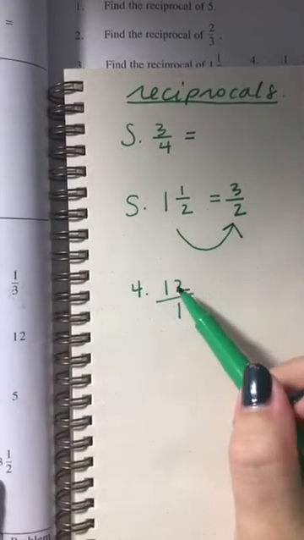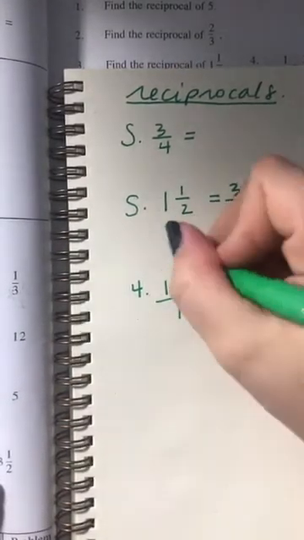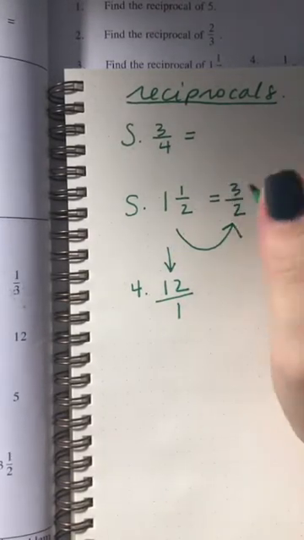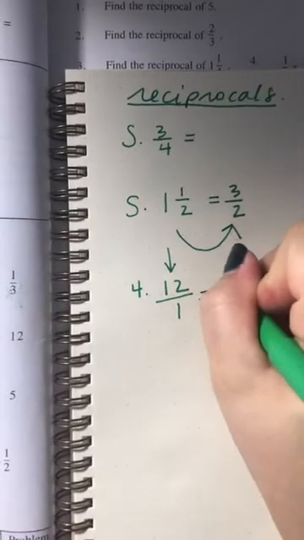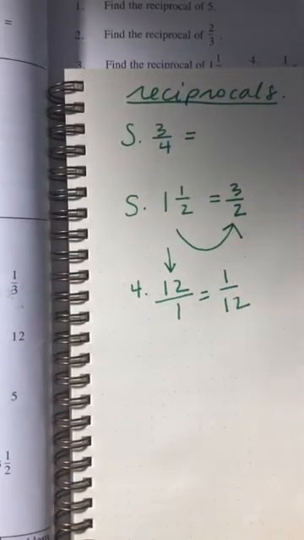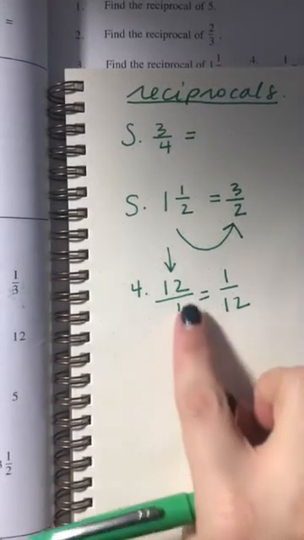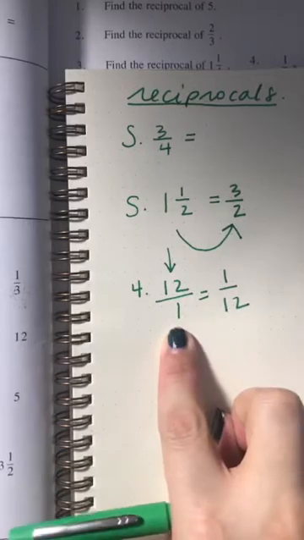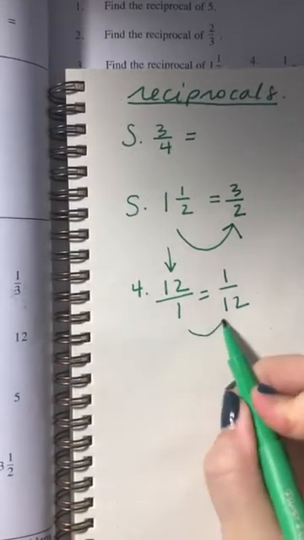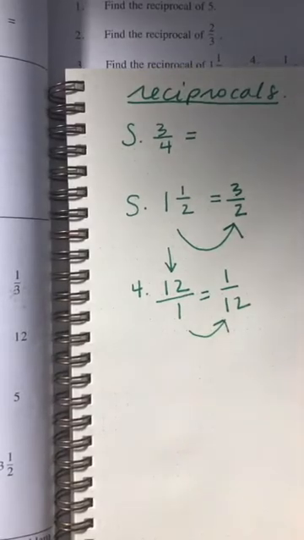So once you make your whole number into a fraction, you then can invert it to find the reciprocal. So you would have 1 over 12. So again, for every whole number, you just put a 1 under it to make it a fraction, then flip it. Don't forget the second step, which can happen a lot.